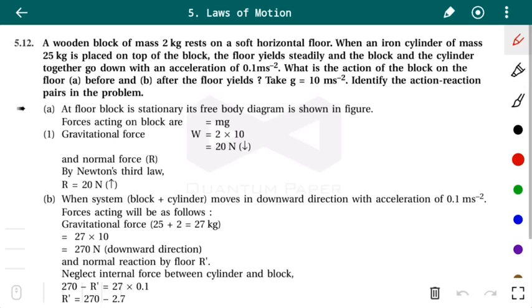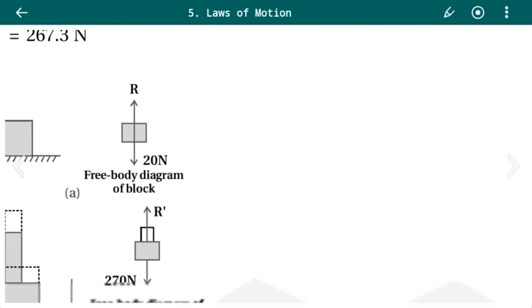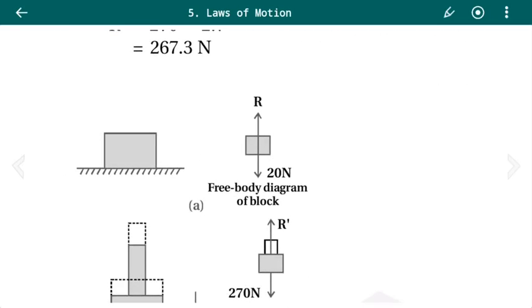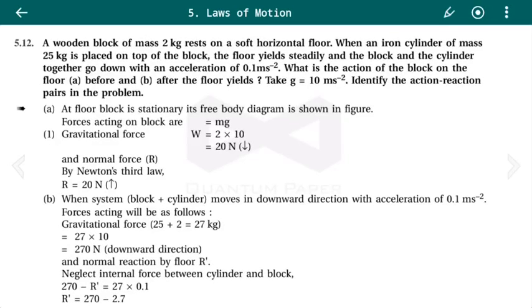First we will see the action of the block on the floor before placing the cylinder of mass 25 kg on it. Let us see the free body diagram. On the horizontal surface there is a block, its mass is 2 kg.